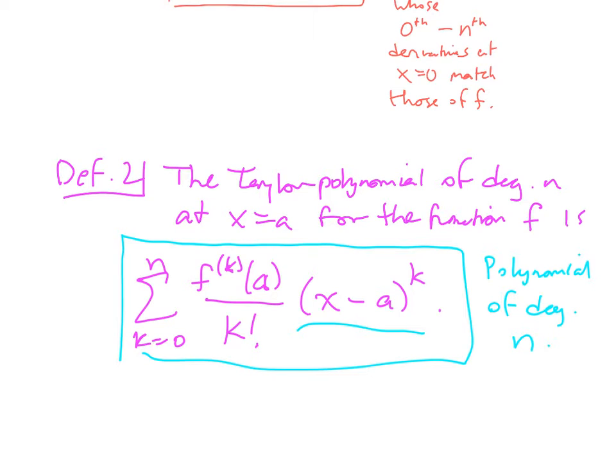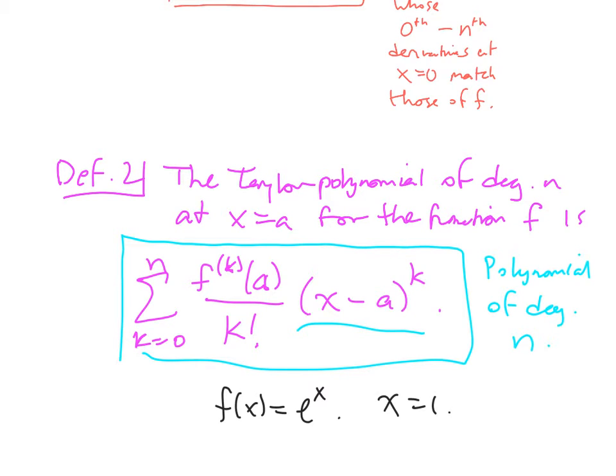Okay, so anyway, the whole idea here is if I wanted to find the Taylor polynomial of degree n for some function, let's say like f of x equals e to the x. So let's say we want to approximate this function, not near x equals 0, but let's say near x equals 1. Then what that would involve is finding the first few derivatives of this function at x equals 1.